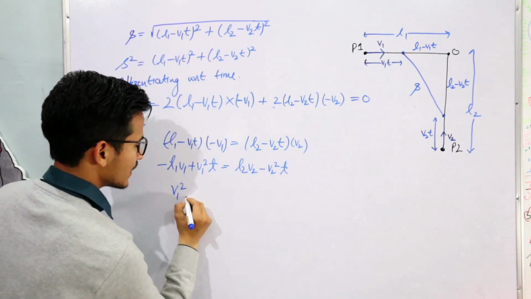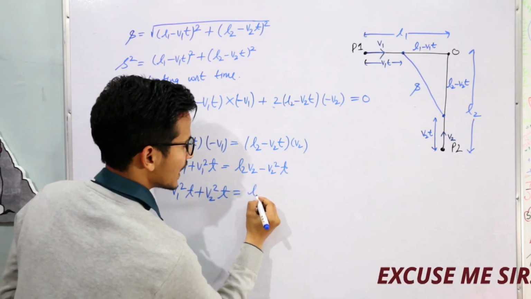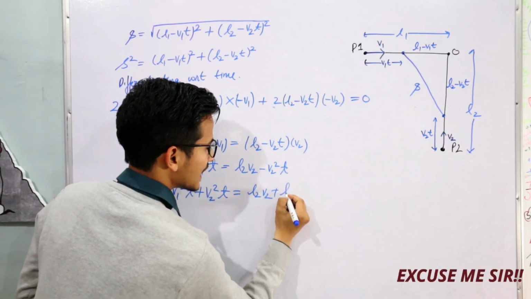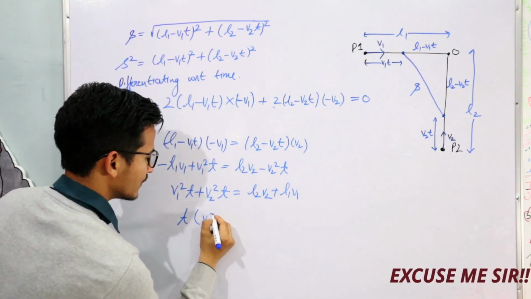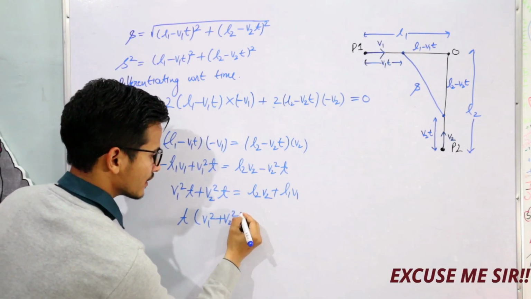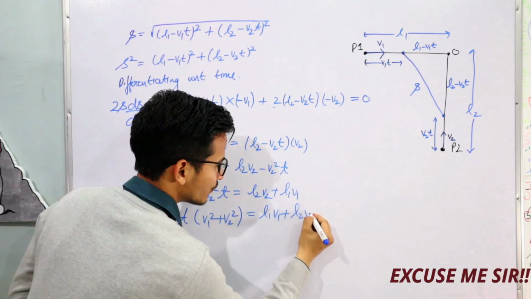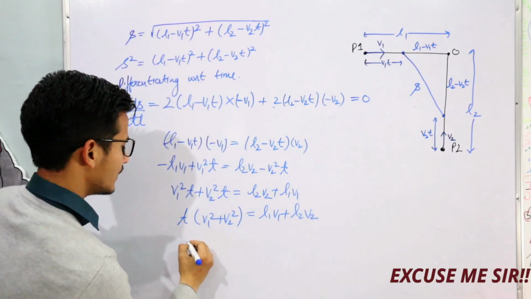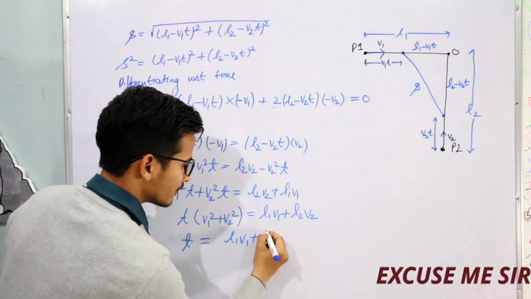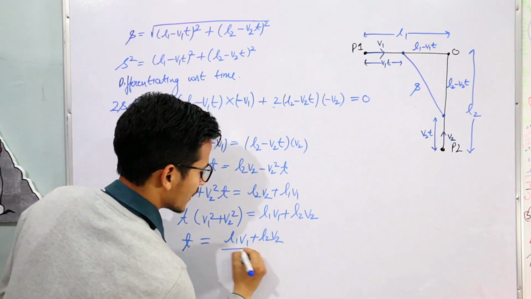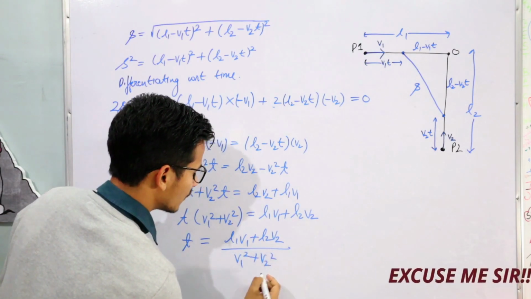Now v1 square t plus v2 square t will be equal to L1 v1 plus L2 v2. So t will be equal to L1 v1 plus L2 v2 upon v1 whole square plus v2 whole square.